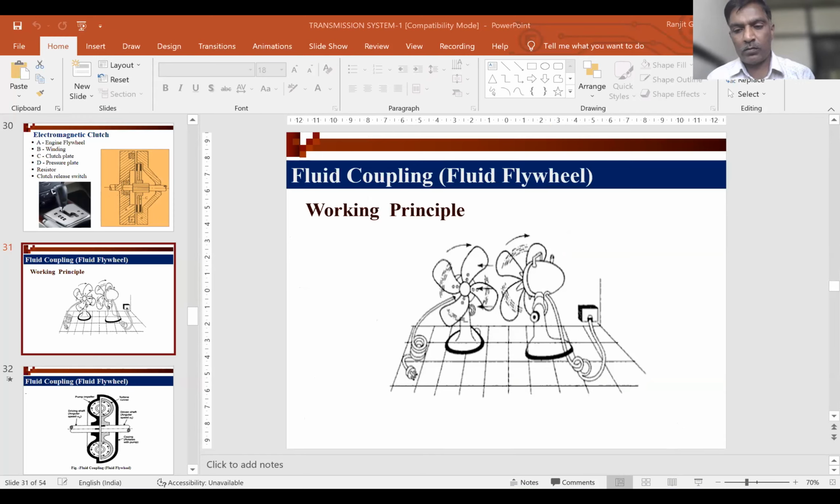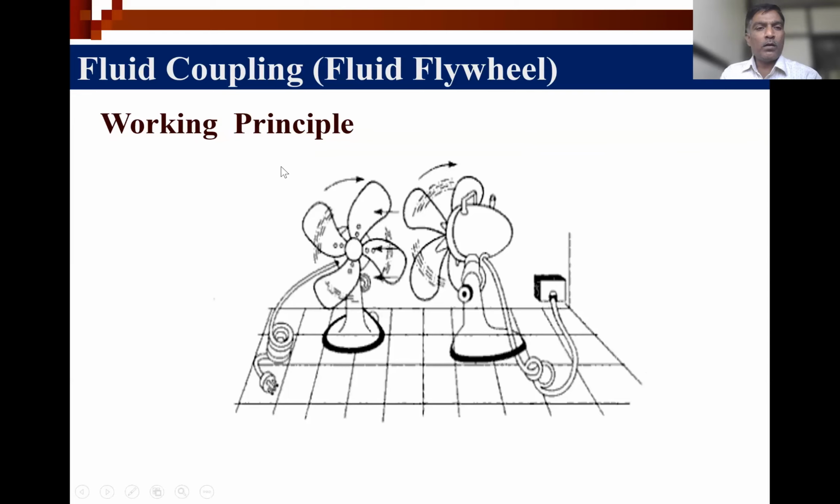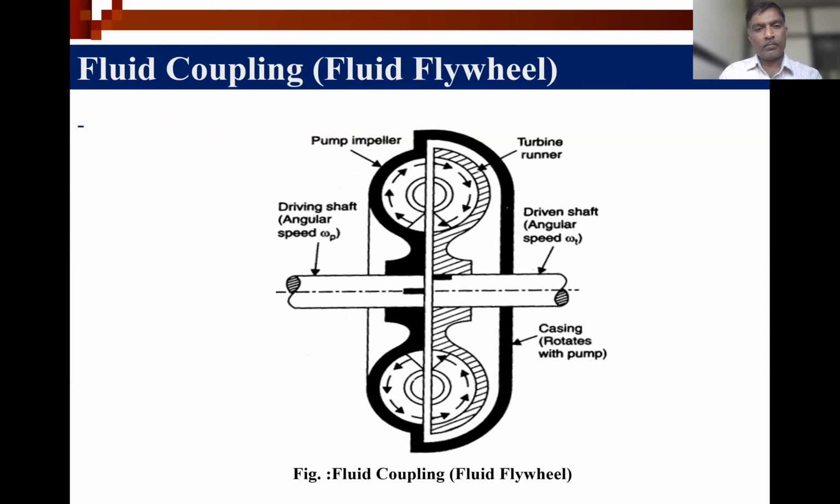Okay. Okay. So can you see fluid coupling? That is fluid flywheel. This is also one type of clutch. Sachin, screen is visible. Yes, sir, it is visible.